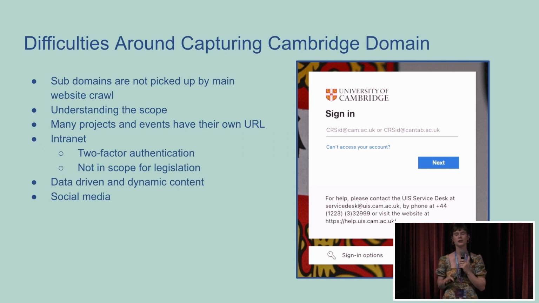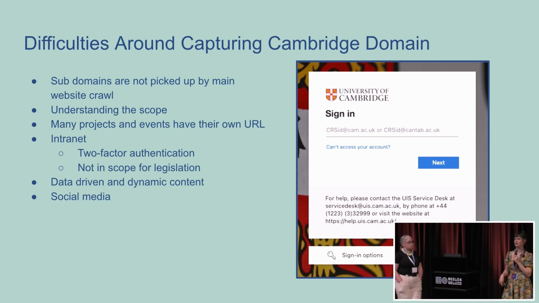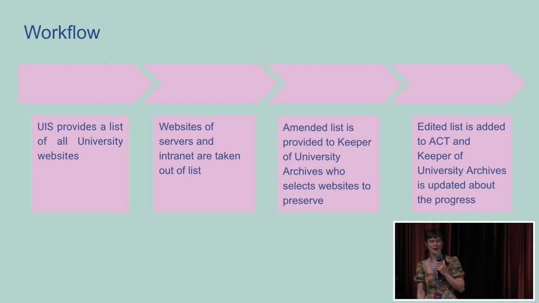And since a few months, the university has also introduced two-factor authentication, which means it's even more difficult to capture, because you could in the past give a number of crawlers a login and a password, which already ethically, I understand, has implications, but was technically doable, but not anymore. So yeah, and then on top of that, we also have a lot of social media pages, which we're currently also not capturing.